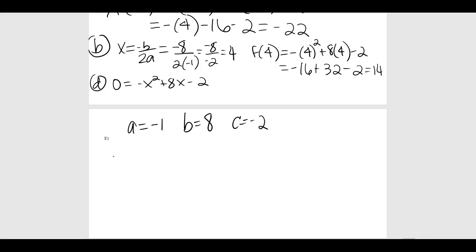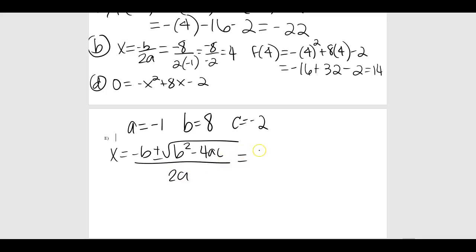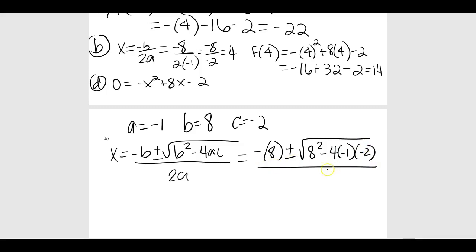So the quadratic formula is x equals negative b plus or minus the square root of b squared minus 4ac, all divided by 2a. So we're going to have negative 8 plus or minus the square root of 8 squared minus 4 times negative 1 times negative 2, all divided by 2 times negative 1.